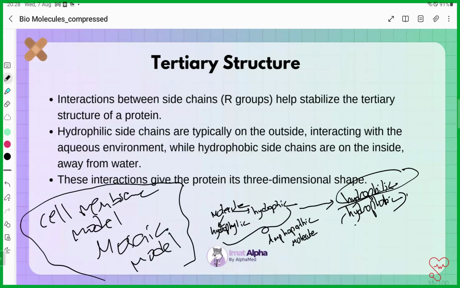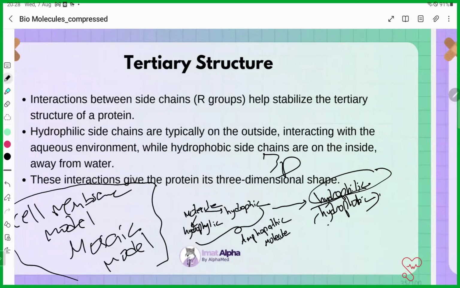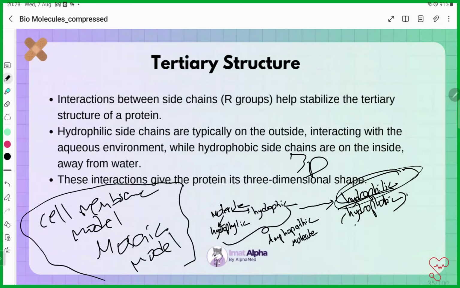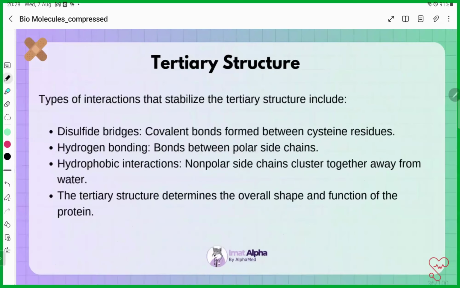These interactions give the protein its three-dimensional shape, the hydrophilic side chains. Types of interaction that stabilize the tertiary structure include disulfide bridges, covalent bonds formed between cysteine residues, which we just spoke about; hydrogen bonding, bonds between polar side chains; and hydrophobic interactions, where nonpolar side chains cluster together away from water.